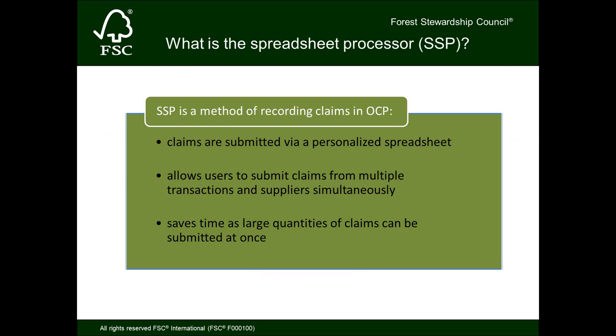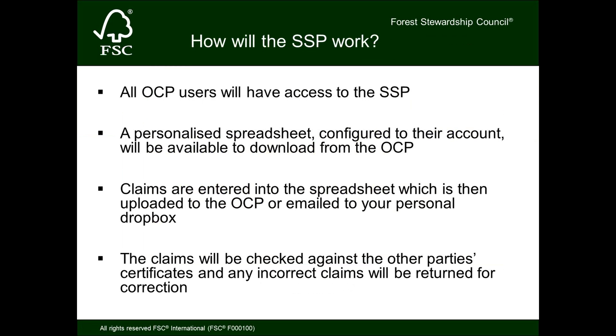You can consolidate all of those claims into the single spreadsheet, and you can record claims from multiple suppliers and multiple transactions all simultaneously within the spreadsheet. And this can save a huge amount of time when recording claims. So that's what it is.